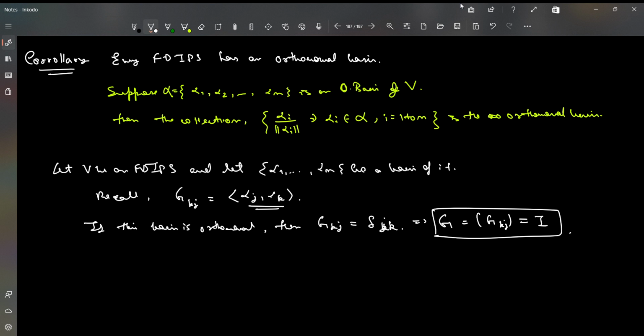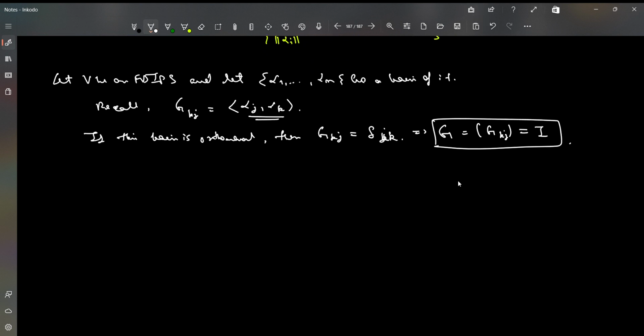So if it's an orthonormal basis, then the matrix of the inner product is just the identity matrix. But if it's just the identity matrix, then recall how we stated the expanded form of the inner product in terms of the matrix of the inner product.